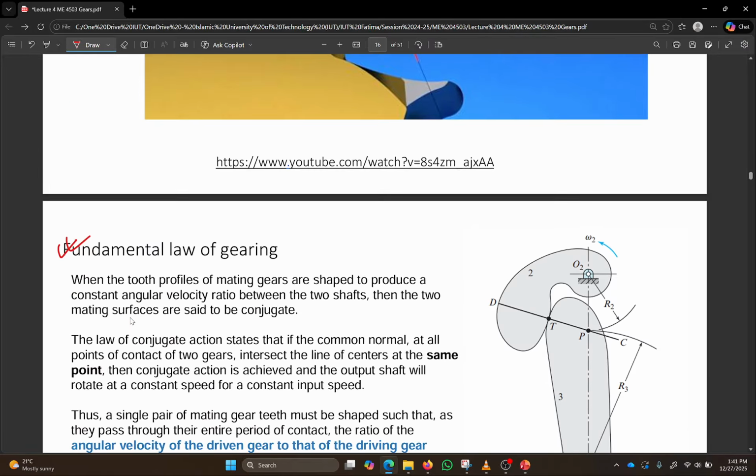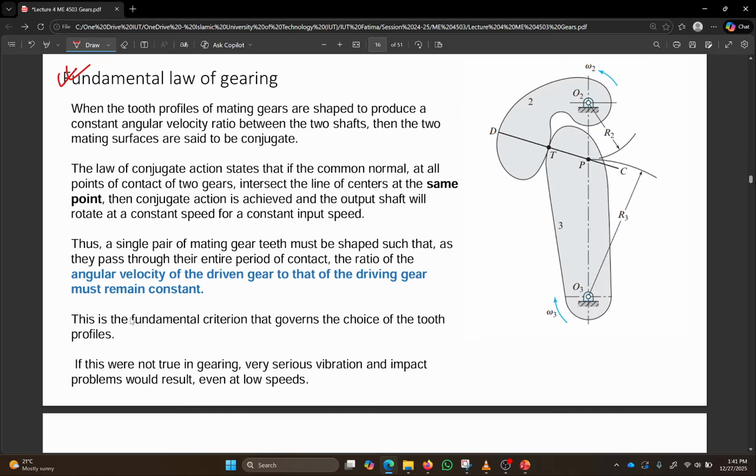Okay. So let's go for this one, fundamental law of gearing. What is the fundamental law of gearing?